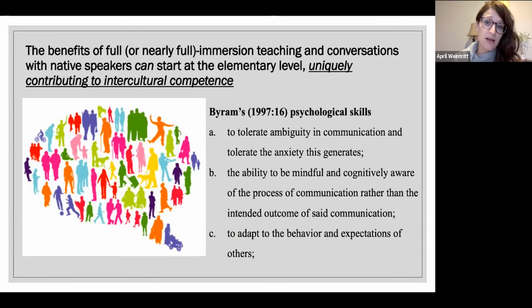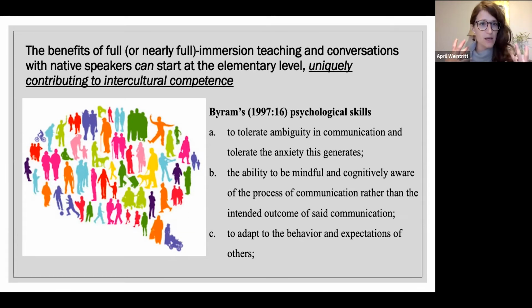The first is that these students can tolerate ambiguity in communication, and they can tolerate the anxiety that it generates. The second is that they are mindful and cognitively aware of the process of communication rather than the outcome of the communication, and that they begin to adapt to the behavior and expectations of others.